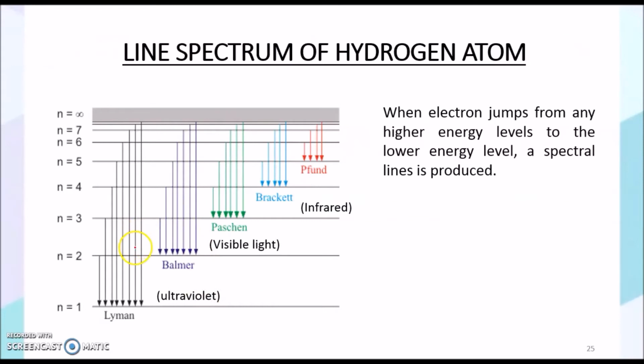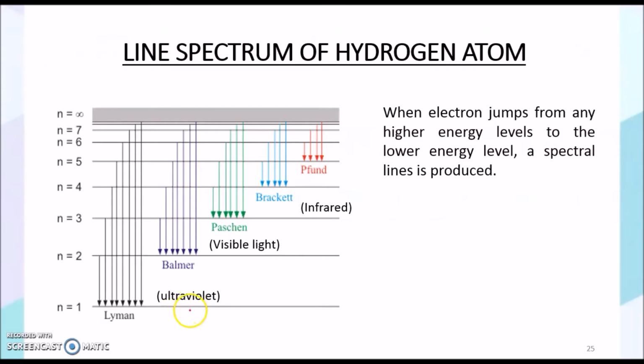If the electron transit from any higher level to ground state or n equal to 1, we call it as Lyman series. When the electron makes a transition from any energy level to n equal to 2 or the first excited state, we call it as Balmer series. And there are also Paschen series, Brackett series, and also Pfund series. Instead of having their own name for each series or each transition, they also produce light during the transition.